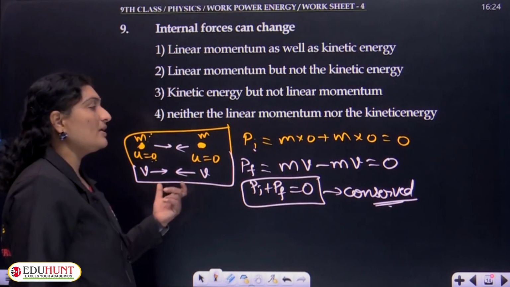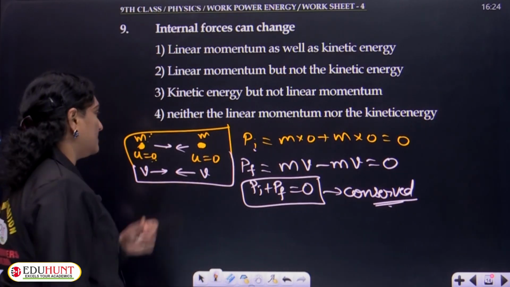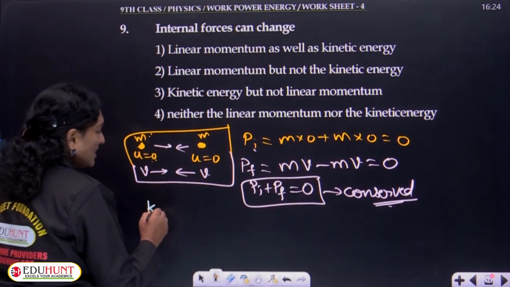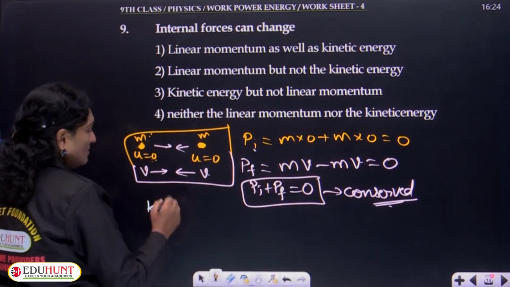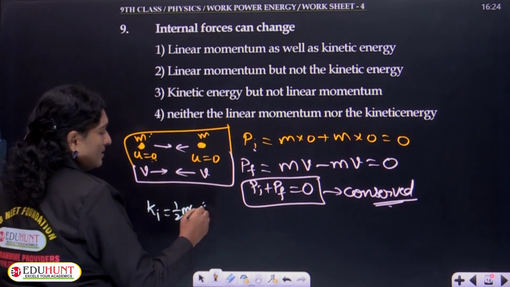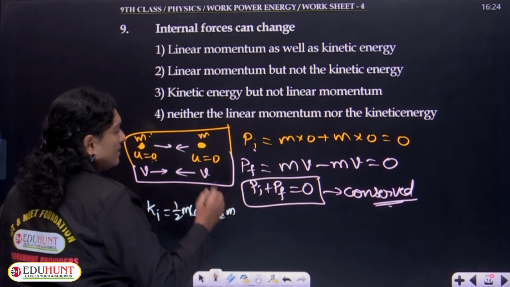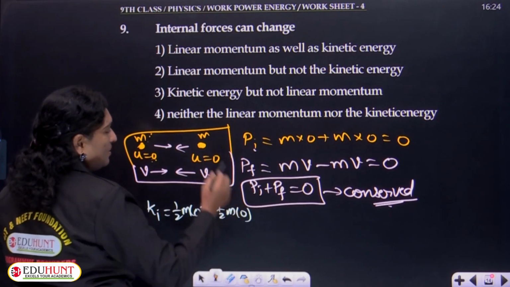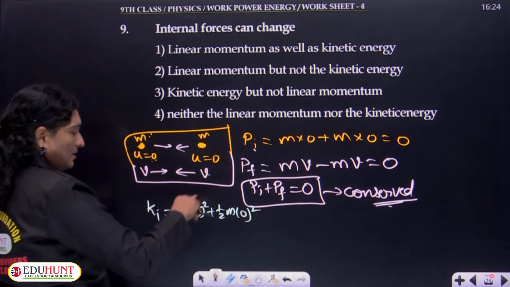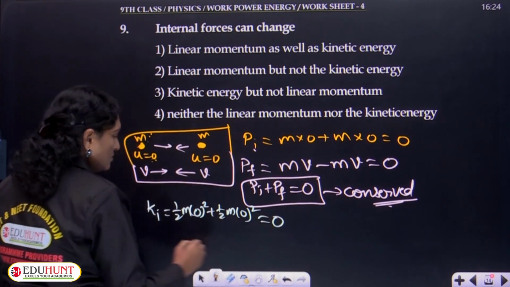But the same will not happen with kinetic energy. Let us also consider the kinetic energy, children. So, what is the initial kinetic energy? Ki equals half m u square, which is 0, for both bodies, and this is equal to 0.